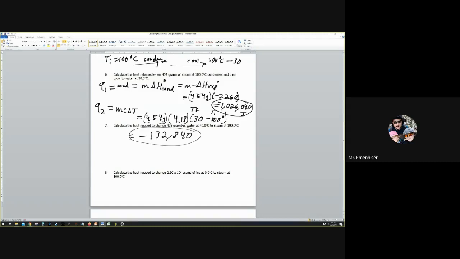And so we would add those two numbers. And that would be the total heat released when this happens. Now, why is it released? Because we're starting with steam and we're condensing it. So that's exothermic. It's energy released. So then our answer will be negative. It'll be 2 million and something. Okay, that's number 6. Let's do number 7.